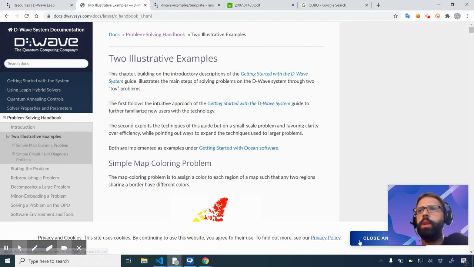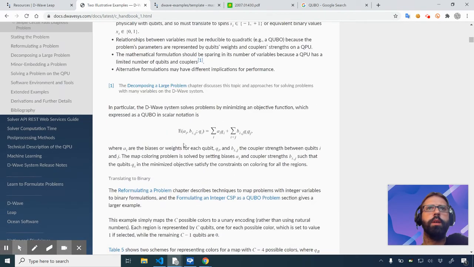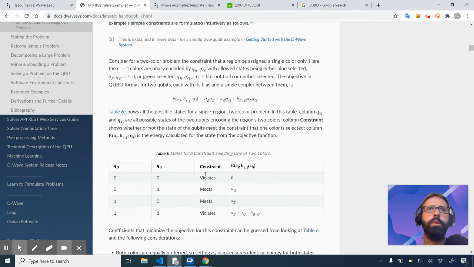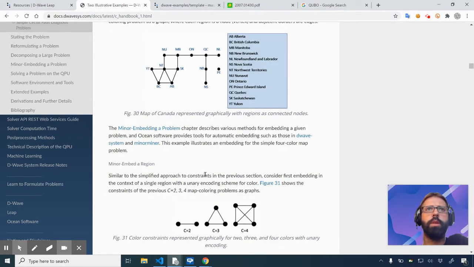Oh, I remember doing these. The color mapping thing. Okay, so they map it as a QUBO, which expresses in scalar notation. Looks like the Ising model though.